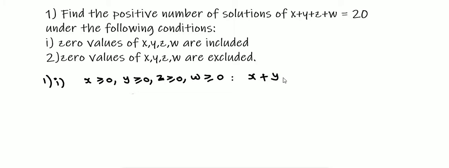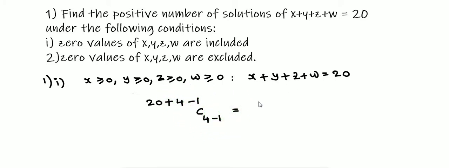Applying previous knowledge, this is nothing but the number of non-negative integral solutions of the equation x plus y plus z plus w is 20. That is 20 plus number of variables 4 minus 1 C 4 minus 1, so this is 23 C 3.